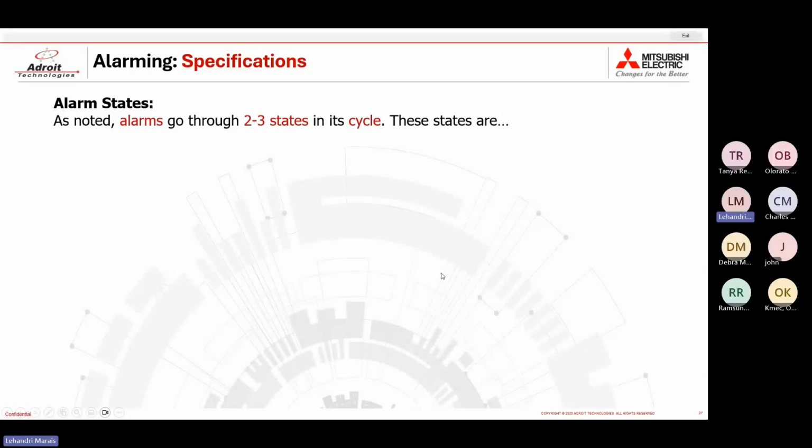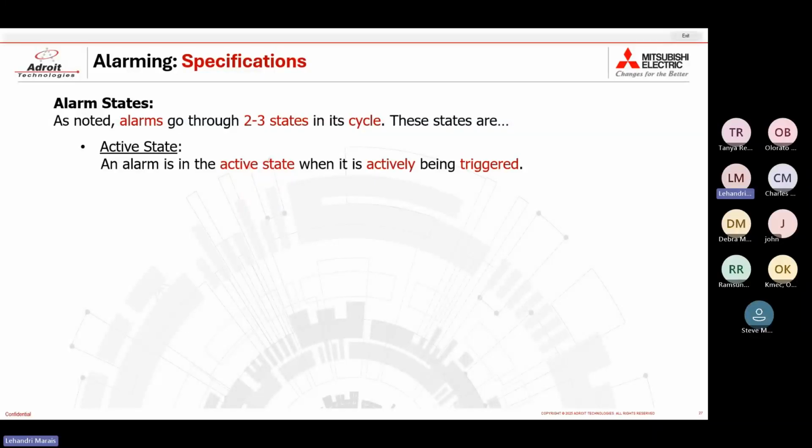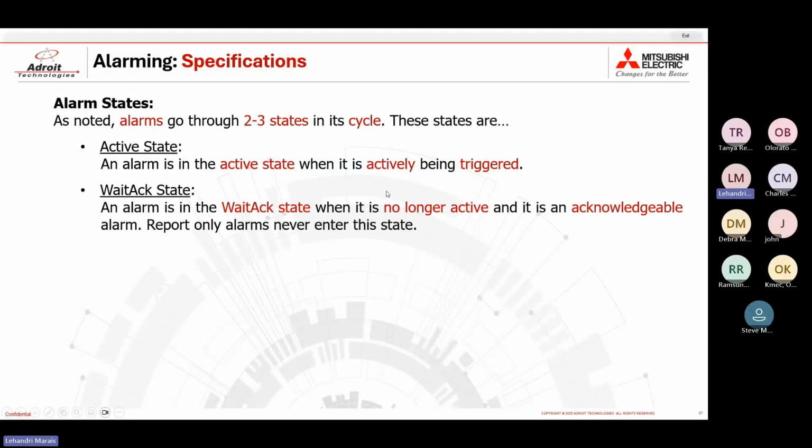Now, there are generally 2 to 3 states in an alarm cycle, and these states are the active state. So the active state is when the alarm is actively being triggered, so when the alarm condition is actively on. The wait act state, so this is the wait for acknowledgement state.